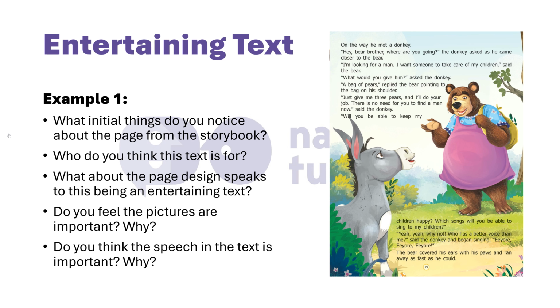We can see in this page the bear and the donkey are having a conversation about who is going to look after the bear's children. So in the picture, the illustrator has drawn the bear making a gesture as if in the middle of conversation, and the donkey is facing the bear in a form of reply, lining up with what is being said on the page.